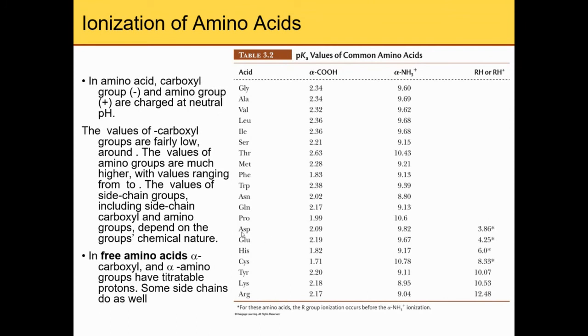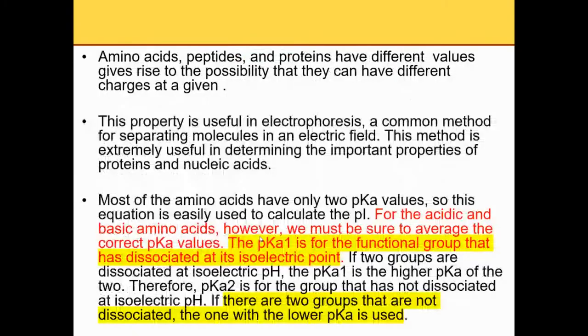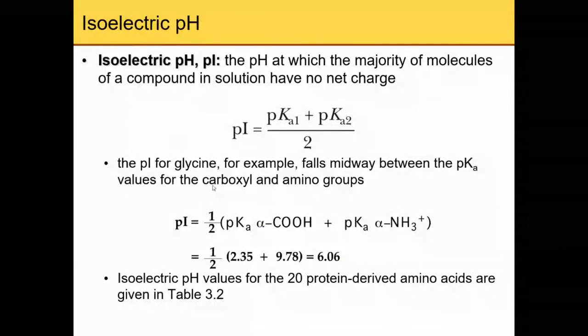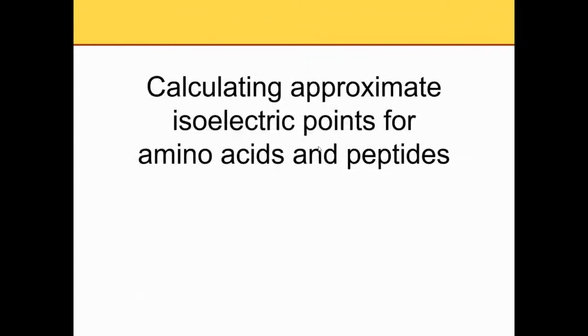And then from here to arginine, these 7 amino acids will be a little bit complicated, which we will explain here. First of all, for those simple amino acids with only 2 pK, it is simple: pI equals the sum of pK1 and pK2 divided by 2. No problem with this.